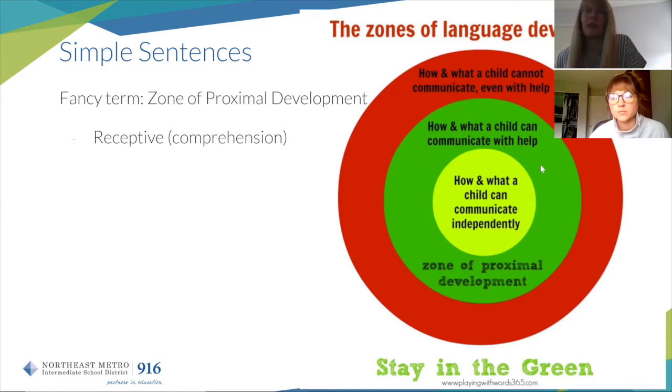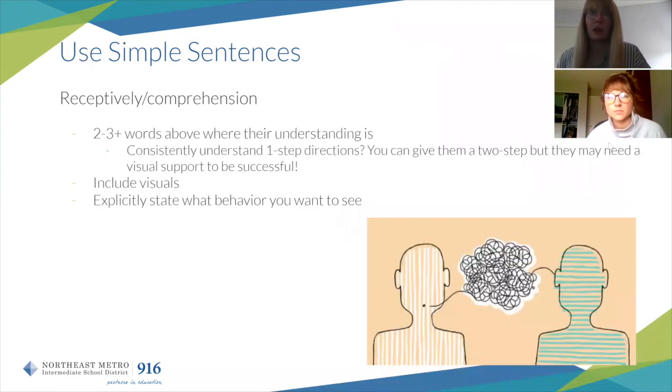So we want to be speaking to our students about 2 or 3 words above where their understanding is. So if our students are consistently understanding 1-step directions, we could be providing them 2-step directions plus some sort of support, so that they can learn that higher level of comprehension of a task.